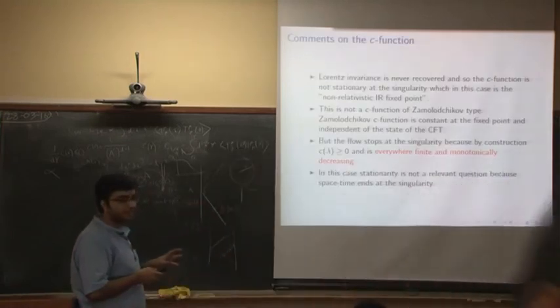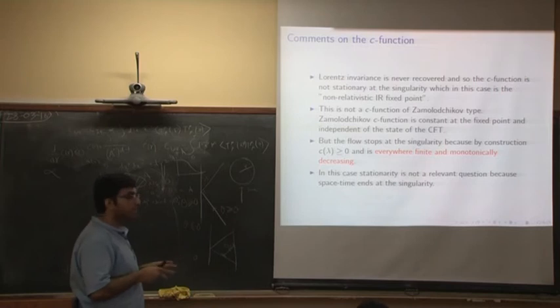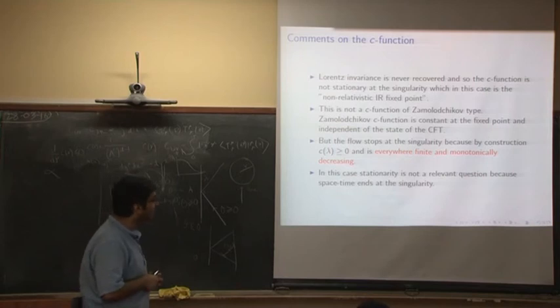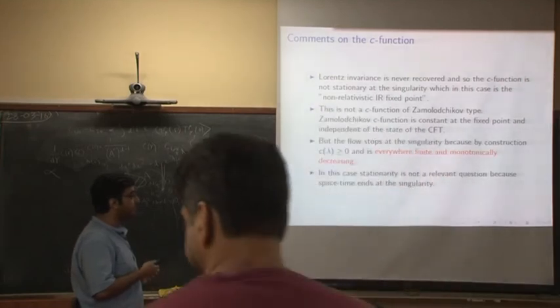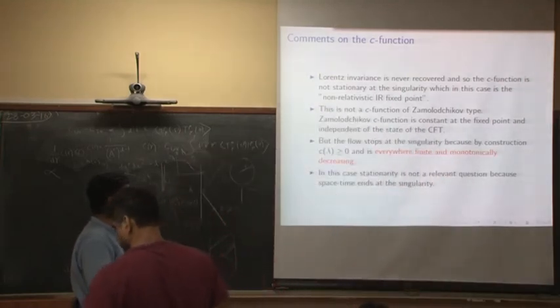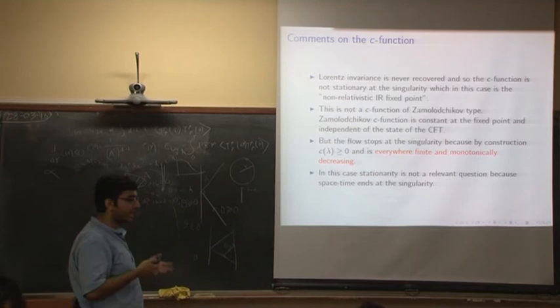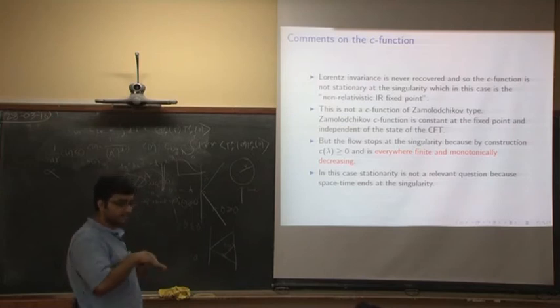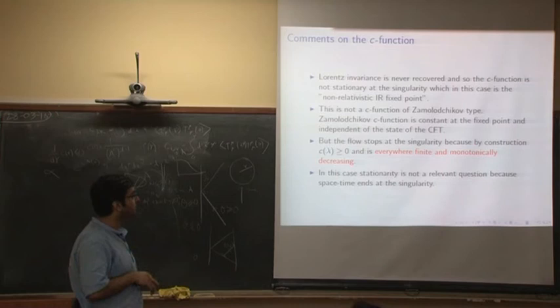Okay, thanks. Okay, so we can do this. Now the point is that the dual of this is actually, okay, we just have this pure black brane, and the dual of that is a Hartle-Hawking state. And so this C function is not a C function in the standard sense, because it's not a deformation of the conformal field theory, but it's a state. It's a state in the conformal field theory.